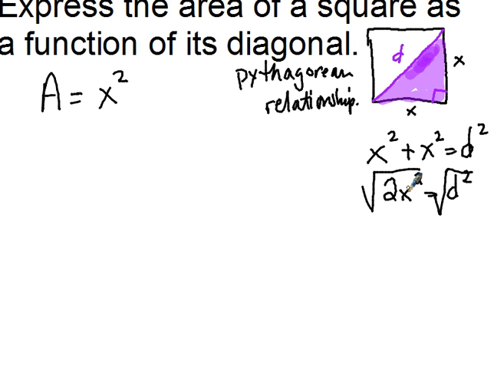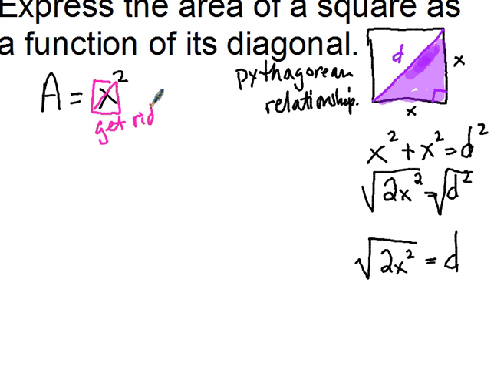I can, well, why don't I just leave it like this for a second? The square root of 2x squared is the diagonal. Okay, now this might be a little bit better for me in the long run. So because I want to get rid of x, whoa, that means I did something completely wrong, didn't I?